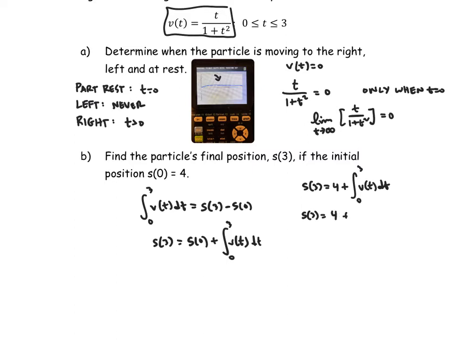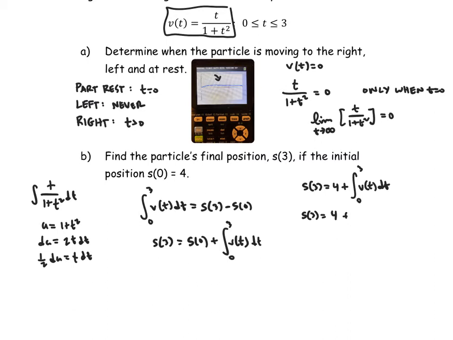So I'm going to integrate, let's find the integral of t over 1 plus t squared dt. Let's use a u sub, so u equals 1 plus t squared, so du is equal to 2t dt, so 1/2 du is equal to t dt.